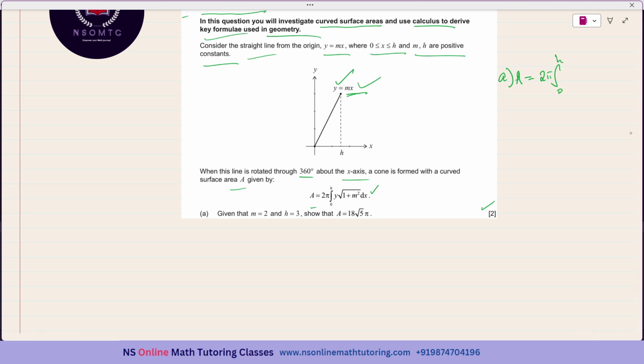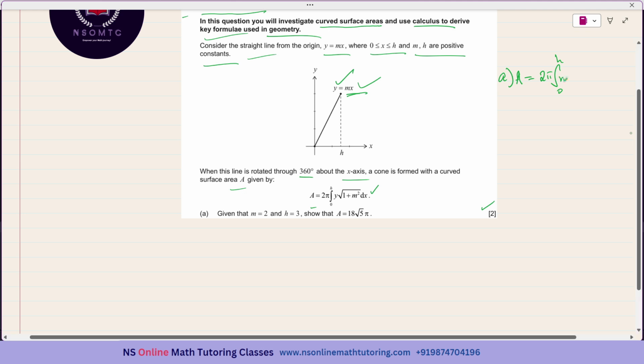So in place of y, I am writing mx times the square root of 1 plus m squared dx. Now m and the square root of 1 plus m squared are constants, so I can take them outside the integration sign.